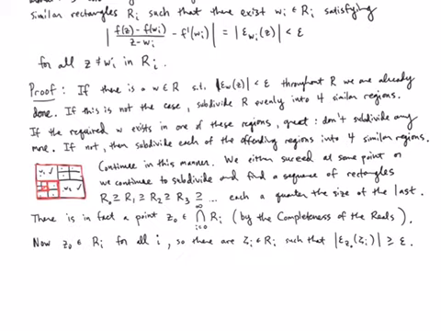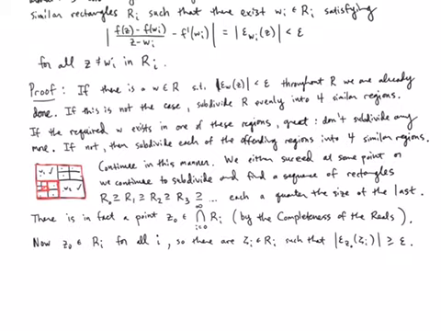Because that was the characteristic property of the R sub i, that for any point in there, there's got to be at least some other point that ruins that inequality. That's how we constructed this descending sequence of R sub i's, where we weren't succeeding in making our inequality work out.